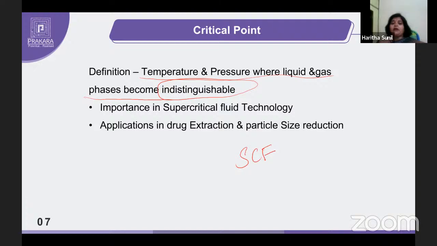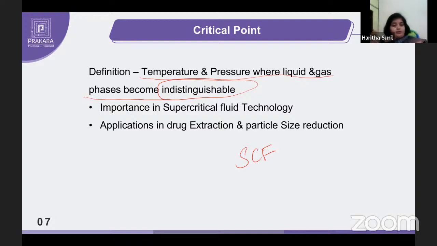At this point, the substance exhibits very unique properties, like density similar to the liquids, whereas viscosity and diffusivity are similar to that of the gases. And beyond this critical point, the substance cannot be distinguished either as a liquid or a gas. So that is a separate state.